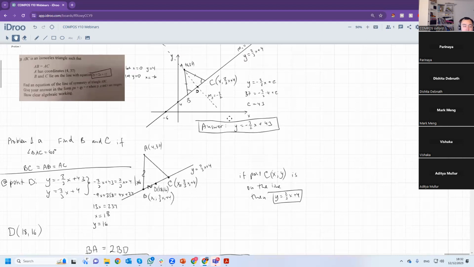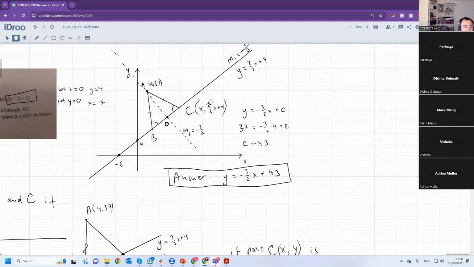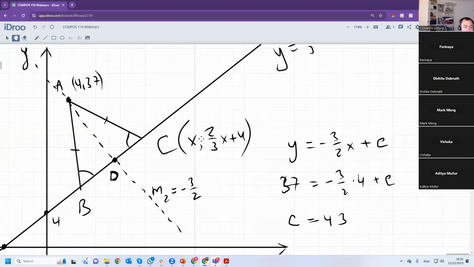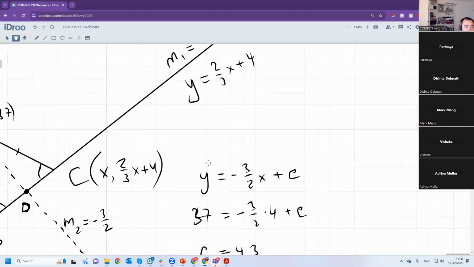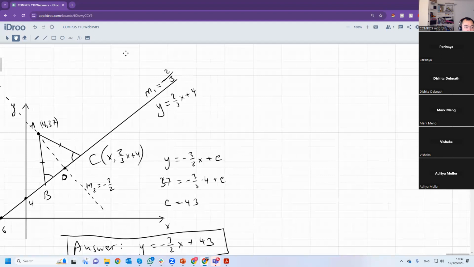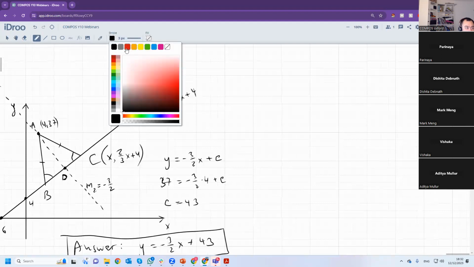So Mark, for your question, how do we know that point C has coordinates which are equivalent to that? Well, because we have a line. I just don't think you've caught the logic here.